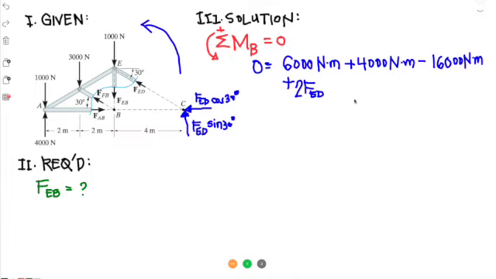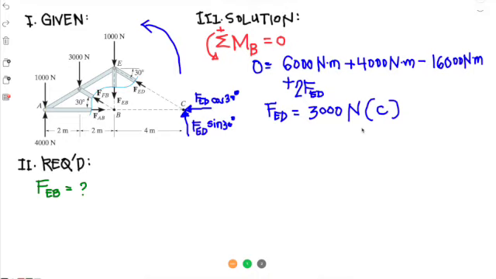So the value for FED would be 16 minus 6, that's 10, minus 4, that's 6, divided by 2, that's 3,000. Okay, 3,000 newtons, and it's positive, so it means that the assumption here is correct, it's compressing point E, so it's a compressive force.